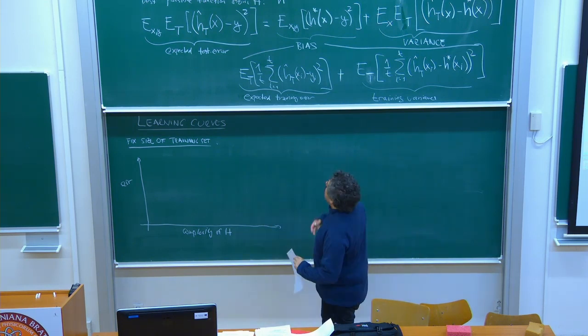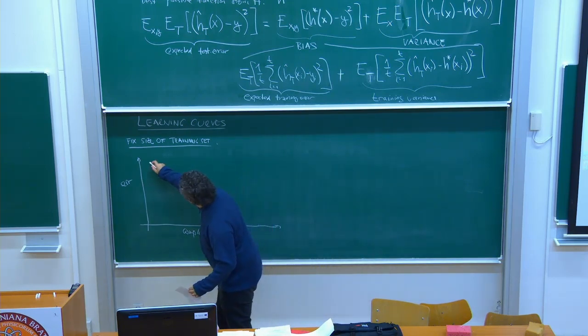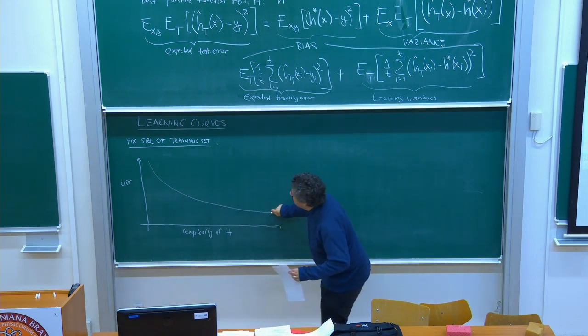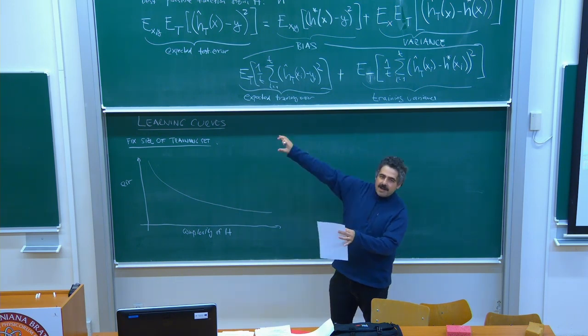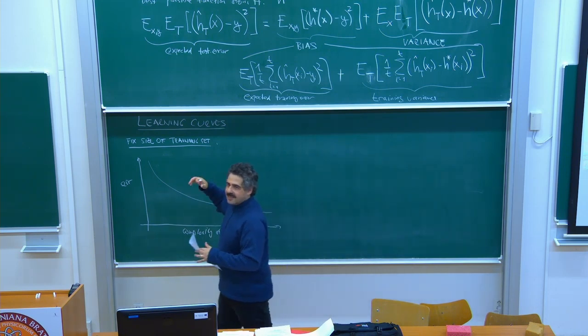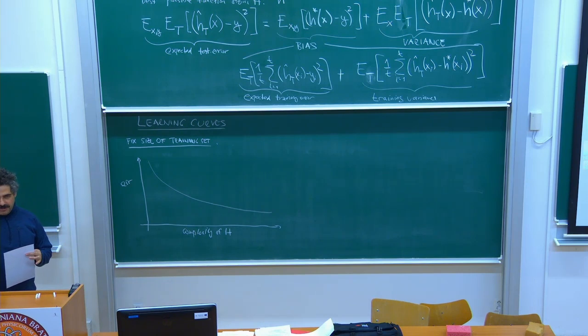And so we had this bias, and we said that the bias will basically go down. The question was why does the bias go down? Yeah, there is some best function possible.